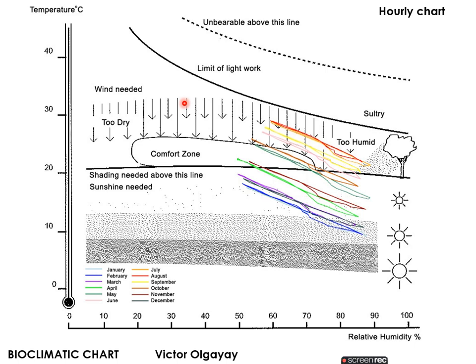The recommendation generally given is that wind is needed, because when the relative humidity is lower, if you induce wind, through natural or artificial ventilation, you will bring comfort inside, and you will come and sit inside the comfortable zone. That's why the wind is needed, as the temperature is higher and the relative humidity is lower.